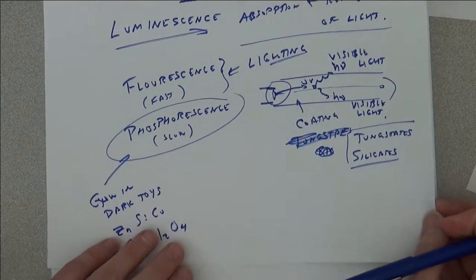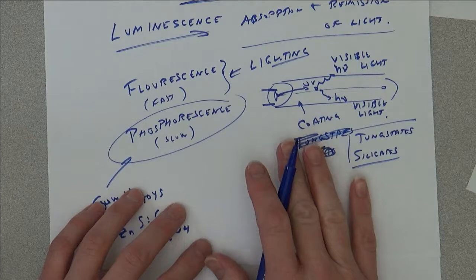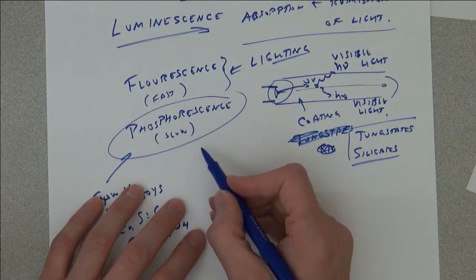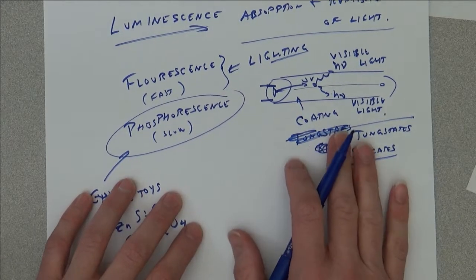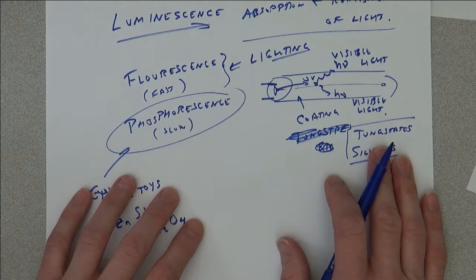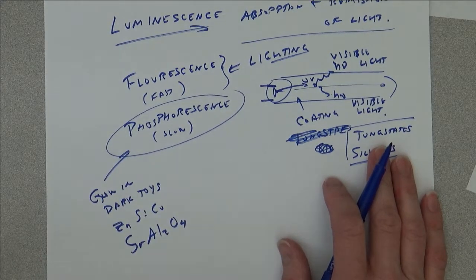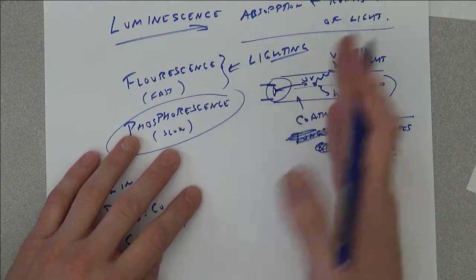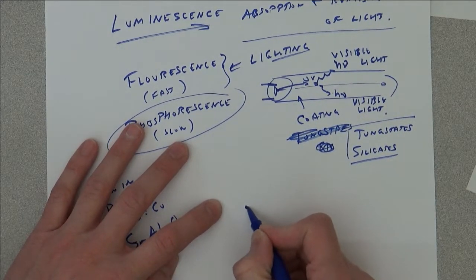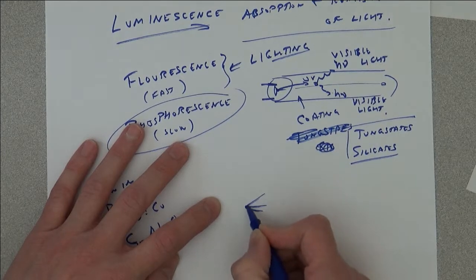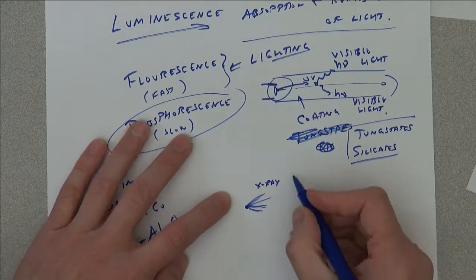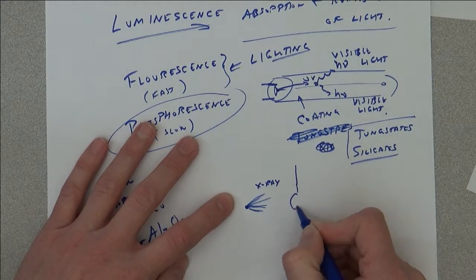This idea of fluorescence and phosphorescence goes all the way back to X-ray systems. Back in the old days, even before my time, people would get X-rays taken in real time. You would have an X-ray source, and you'd have, say, your foot.